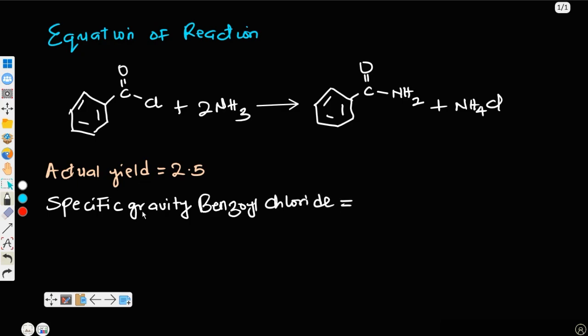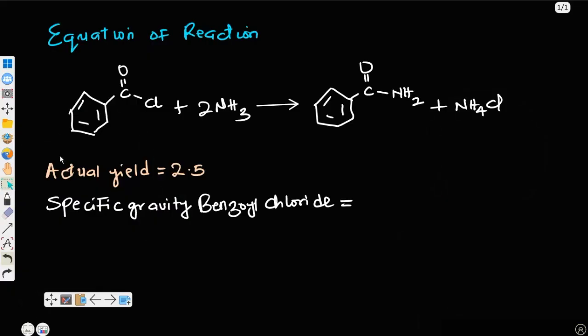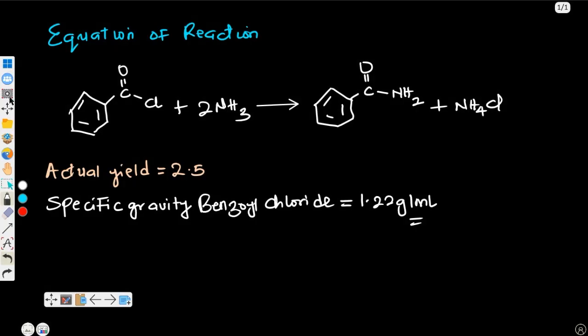It was given as, I think, 1.22 gram per mil. So you have 1.22 gram per mil, right? Exactly.